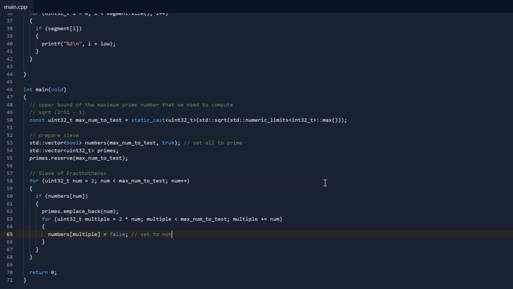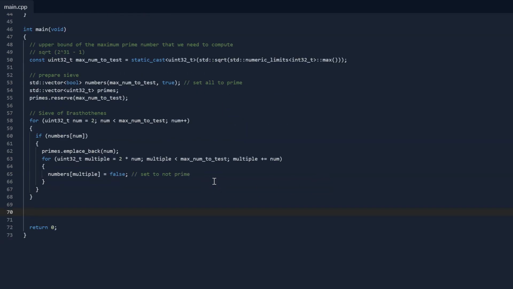Set to not prime. Great. So we have our prime number array now.